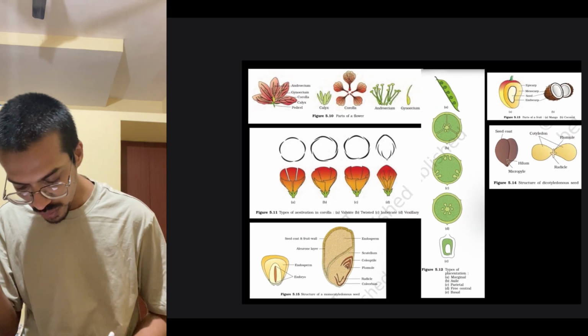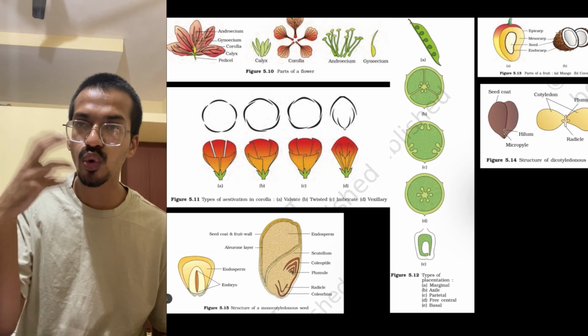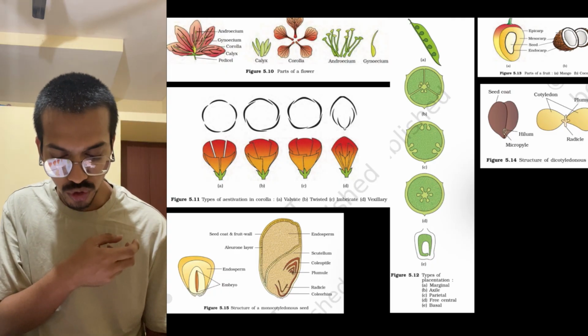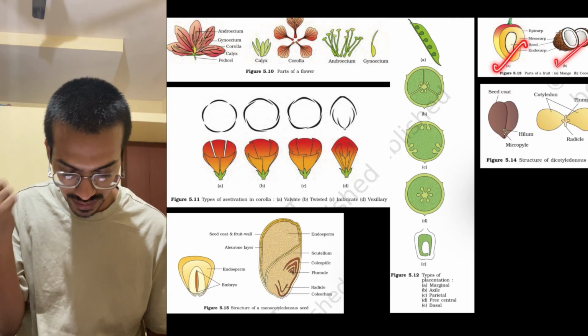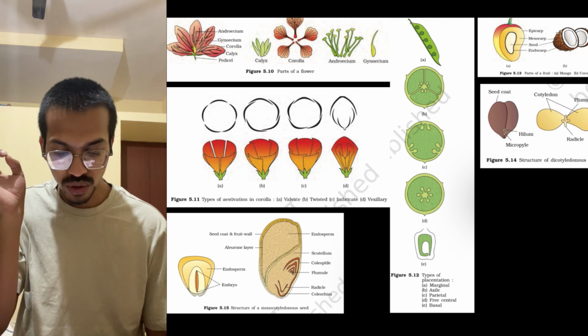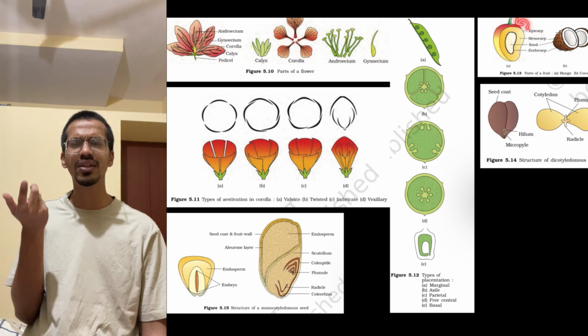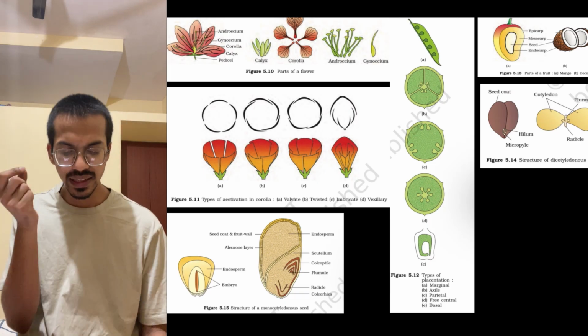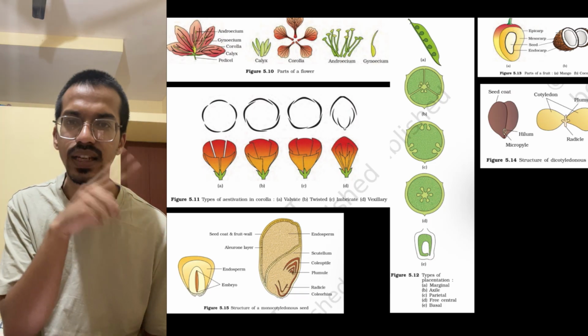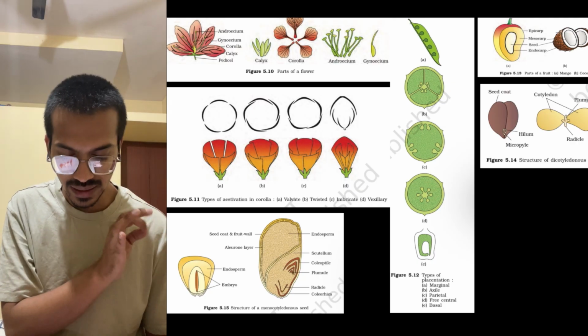Okay, moving on to the next one, your ovary will change into what? Fruit. There are true fruit examples given to you, and they are what? Mango and coconut. Its outermost layer is the epicarp, which is a thin covering in the case of mango, and in coconut it is also a normal, hard covering.